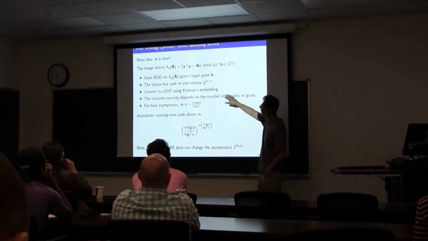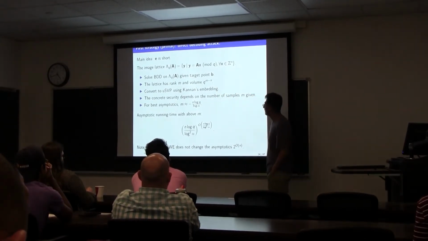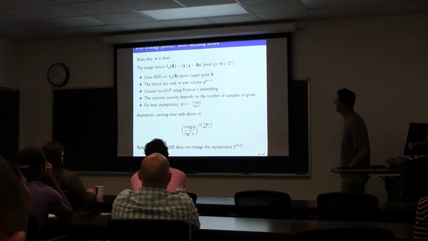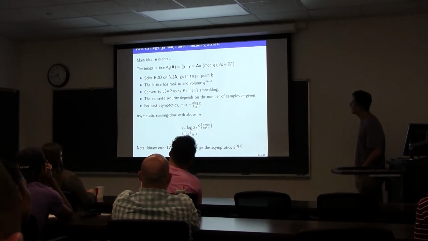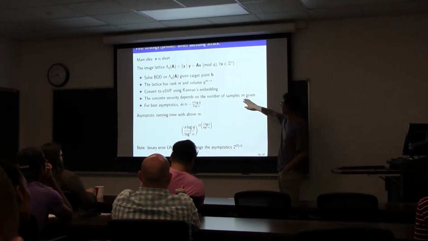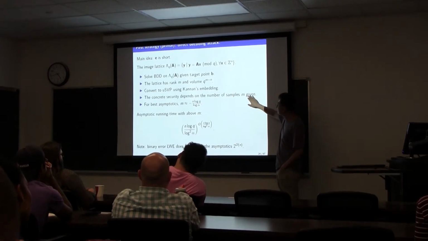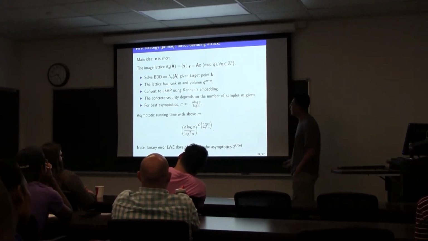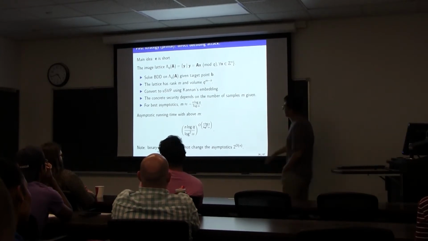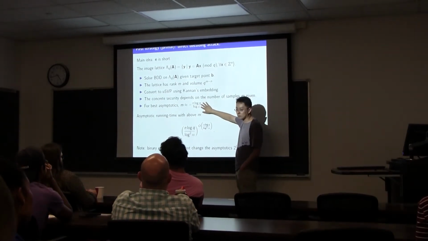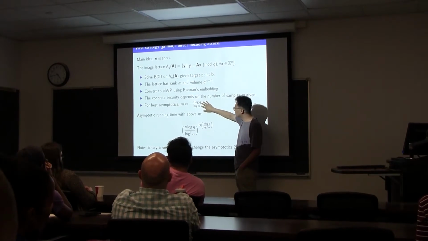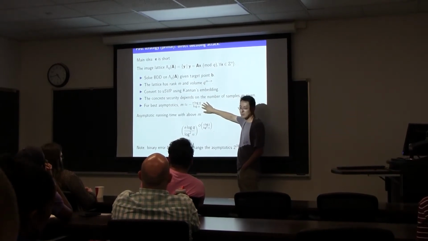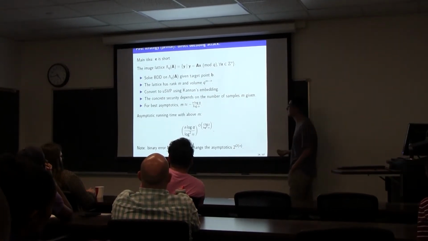By doing some computations, the lattice has a certain volume and running time. These are not really that important. The concrete security depends on the number of samples. For the best asymptotics, we have to take m approximately equal to this. If we don't have enough samples m, there is another way to bypass this problem.